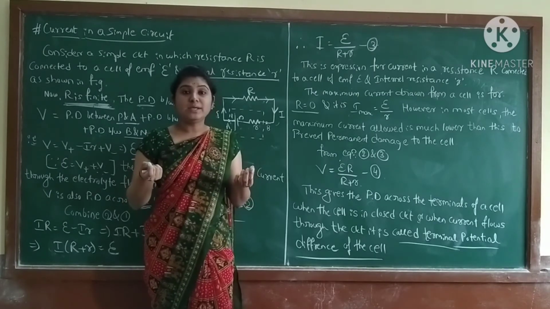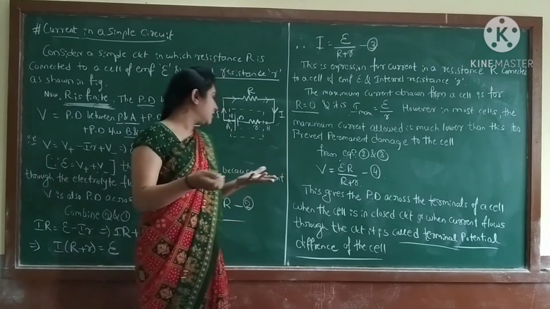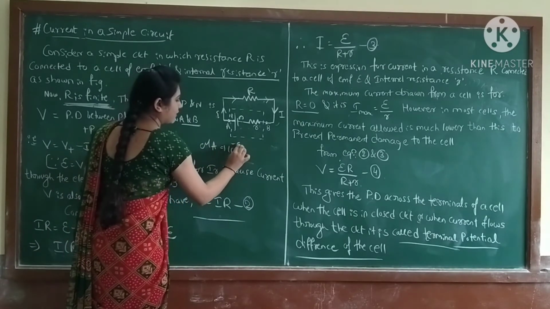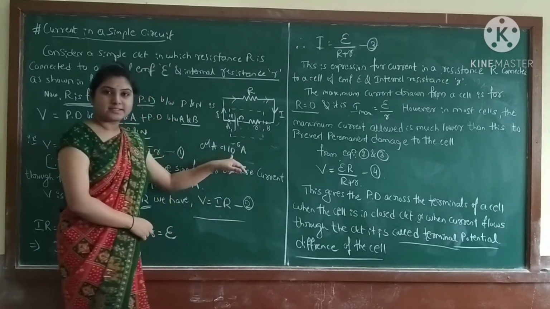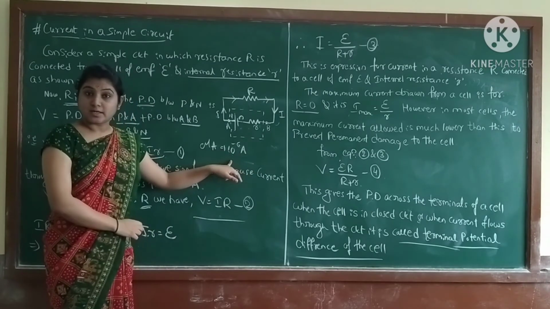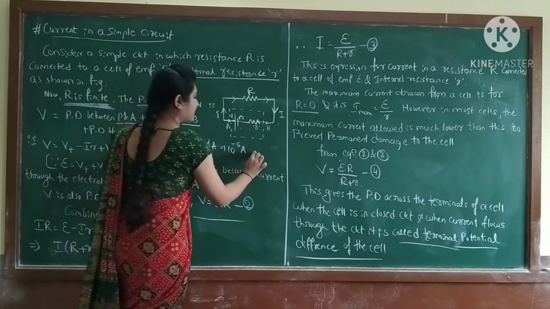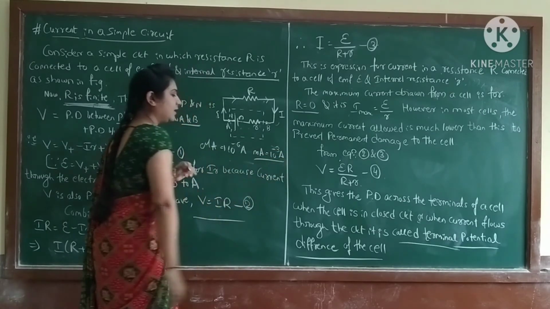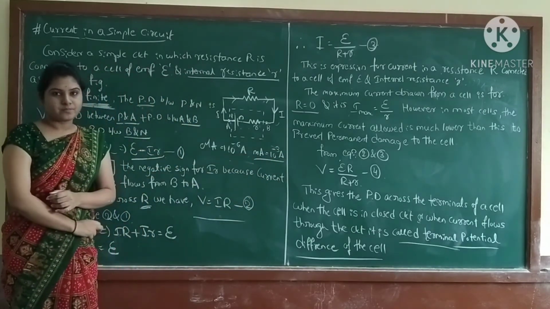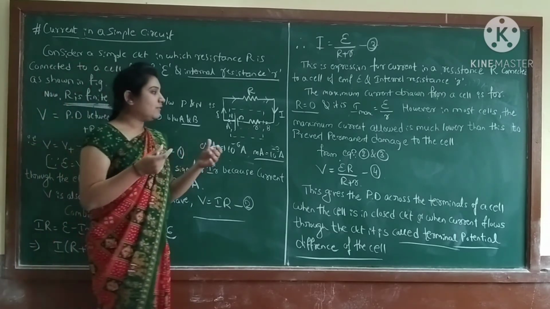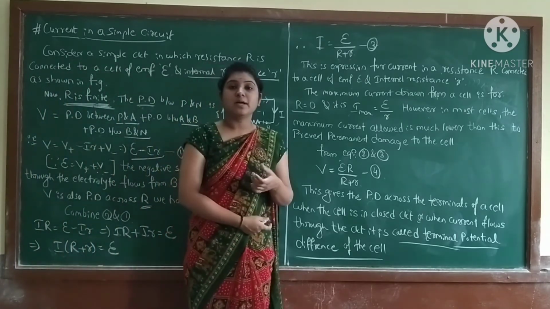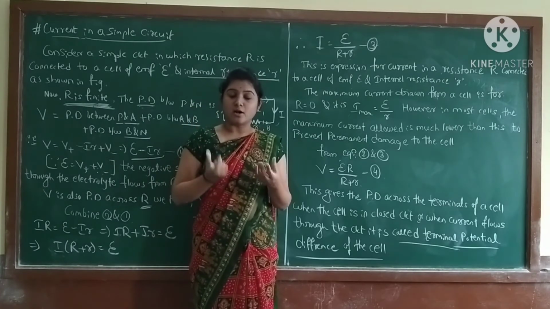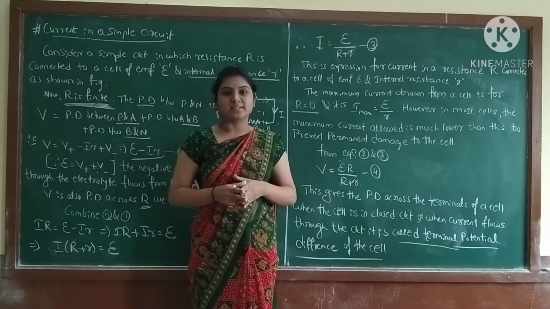Milliampere is 10 to the power minus 3, which is also a small current. So why are we not using the maximum current? It will harm or damage the cells.